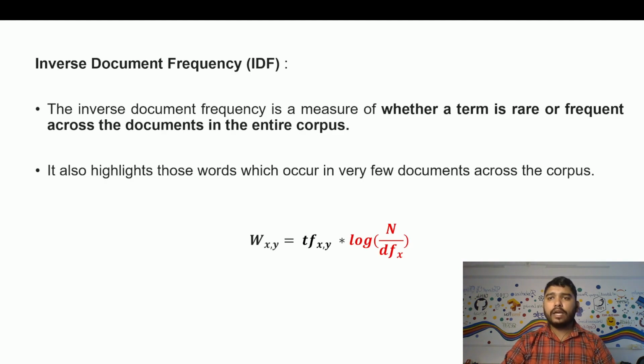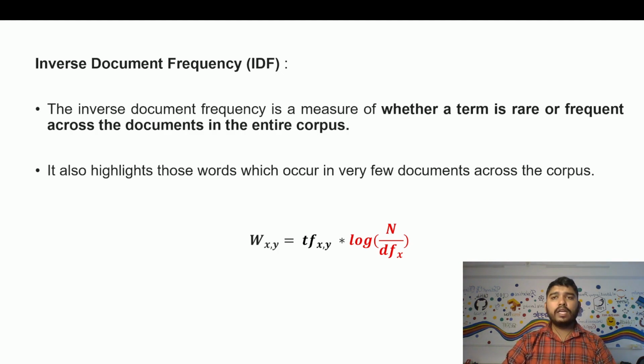The second subpart is inverse document frequency. The inverse document frequency is a measure of whether a term is rare or frequent across the documents in the entire corpus. It also highlights those words which occur in very few documents across the corpus.